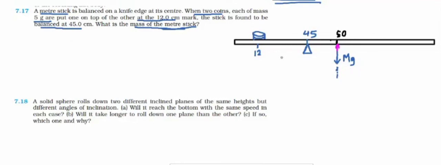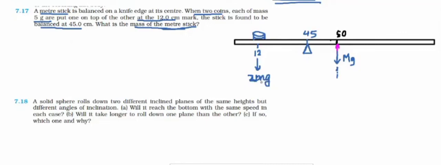And the second object, we can consider both the coins together, and its weight is acting along the 12 centimeter mark, which we can write as 2mg, where m is the mass of each coin.